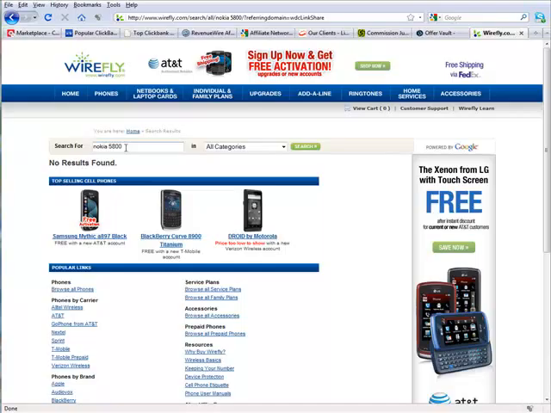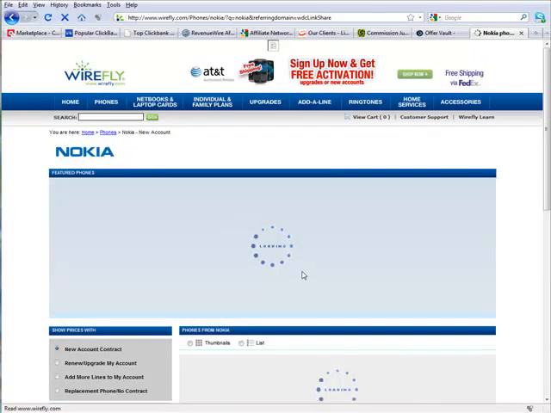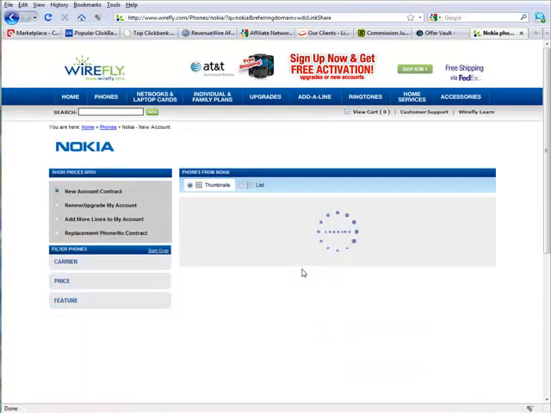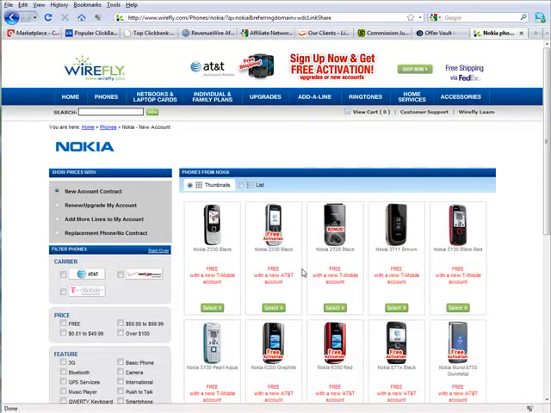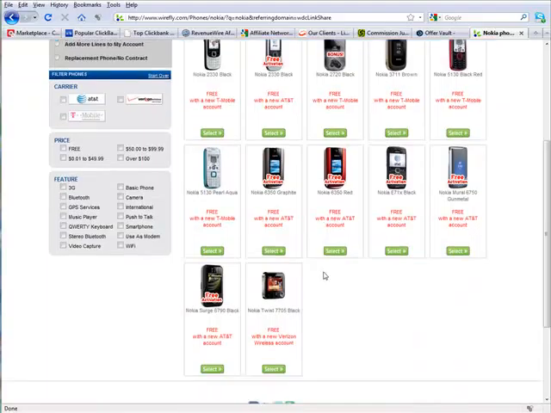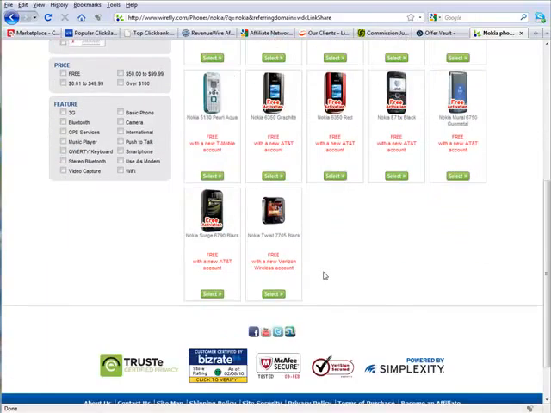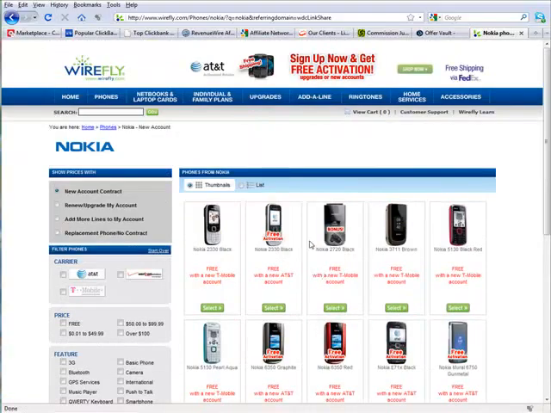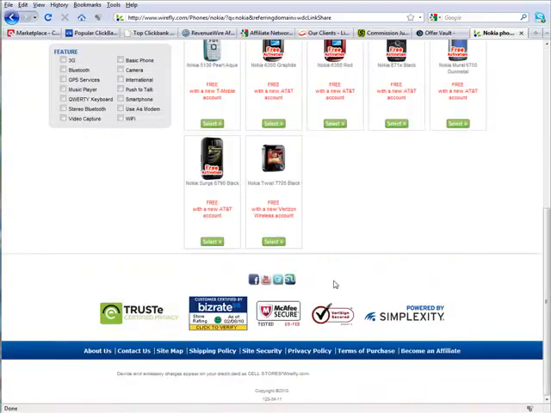Problem is they don't offer that phone. What was the other number? 5523 or something like that? Maybe they just don't carry Nokia phones. Let's see. No, okay, they do have Nokia phones. They just don't happen to carry that particular model number. But anyways, you get an idea. Wirefly is a company that you could definitely promote.